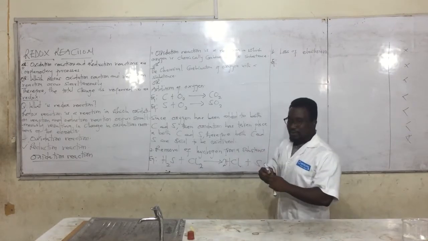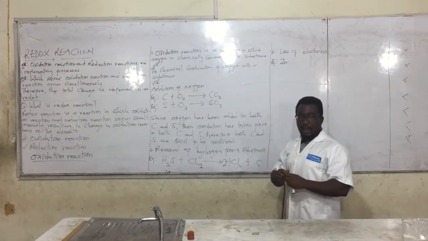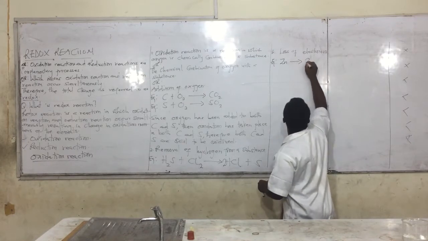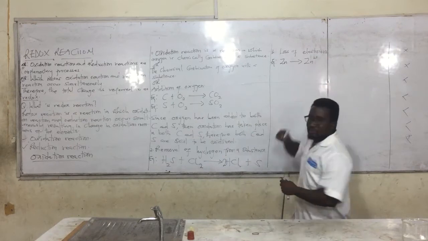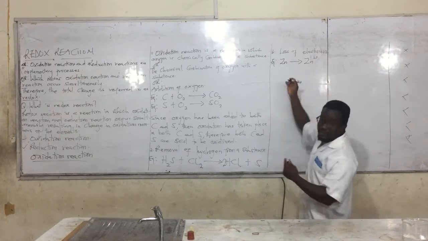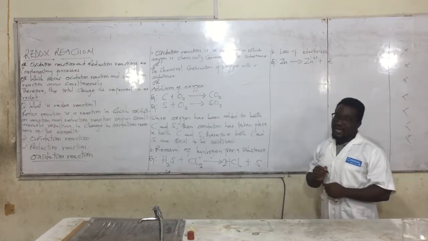I'll pick the first example, which is zinc. Zinc to produce Zn2+ plus electrons. In fact, for me to balance it, I have to add electrons to this side.